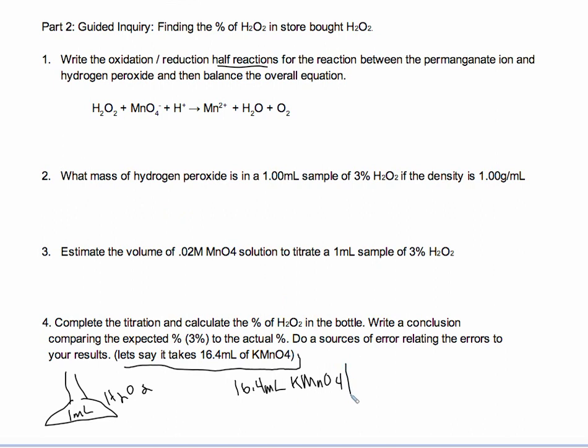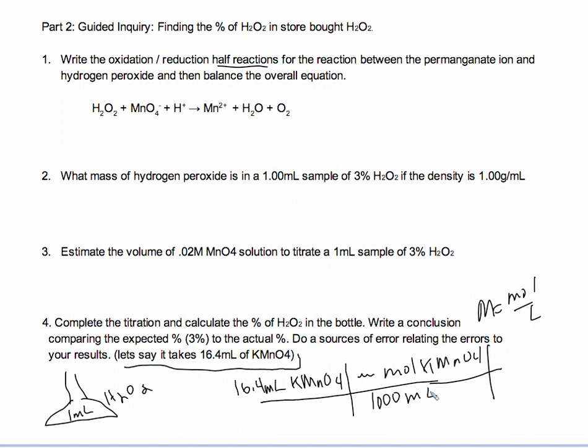You're going to plug that in right here, because then you'll know the molarity of it. And if you know the molarity, remember that molarity equals moles over liters. So you'll know that it's so many moles, whatever you calculated on the other page, of KMnO4 to 1,000 milliliters.